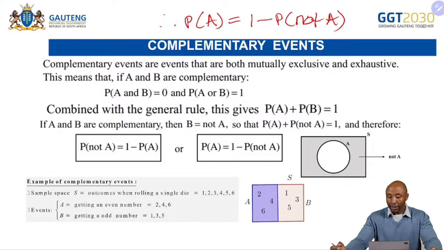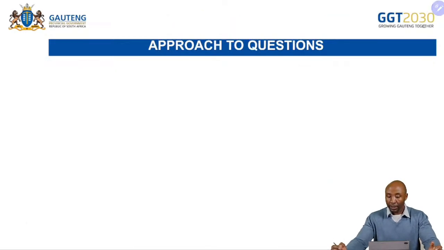You are able to see that A and B fill up the entire sample space, and there is nothing that is left outside those two sets. So A and B are complementary events. If a number is not odd, then it can be even. So they fill up the whole sample space.